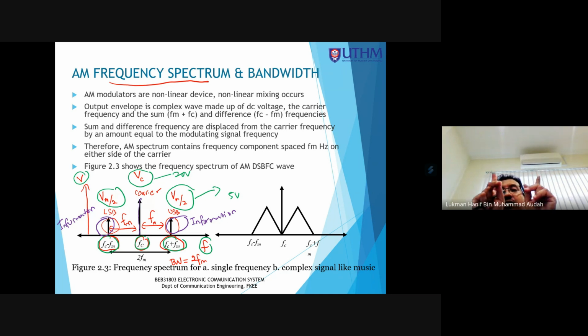So the receiver also receives duplicated information. So in double sideband full carrier, we transmit the signal as if we transmit twice, because the information in the upper sideband is similar to the information in the lower sideband.